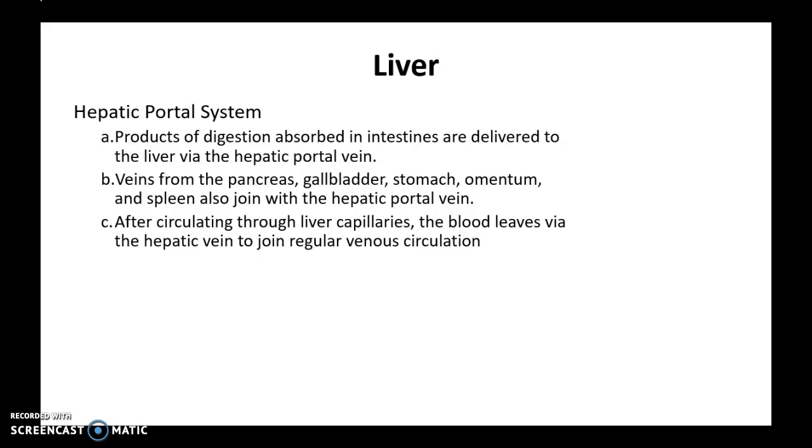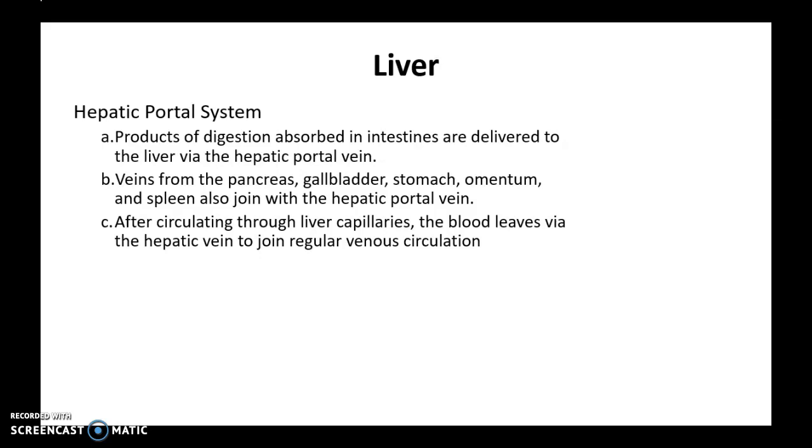Now, as the blood passes through the liver sinusoids and capillaries, the nutrients get absorbed by the liver cells called hepatocytes. So the blood, as it travels through the liver, loses nutrients, and now we are left with only deoxygenated or oxygen-deficient blood.